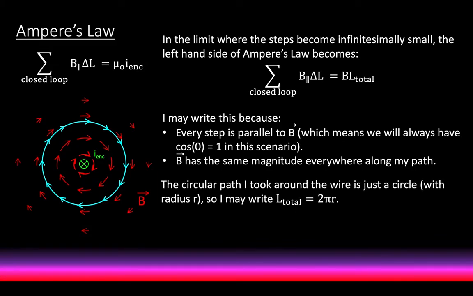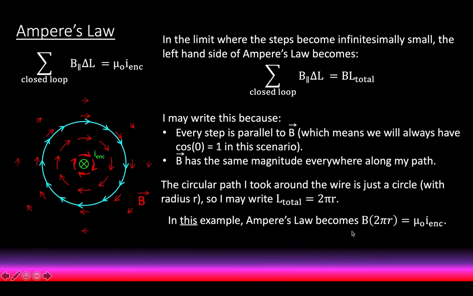The circular path I take around the wire is just a circle with radius r. So the total length I take will be 2 pi r. In the end, this B parallel delta L will just become B times 2 pi r, the strength of the magnetic field at this distance from the wire times the total path length I take.